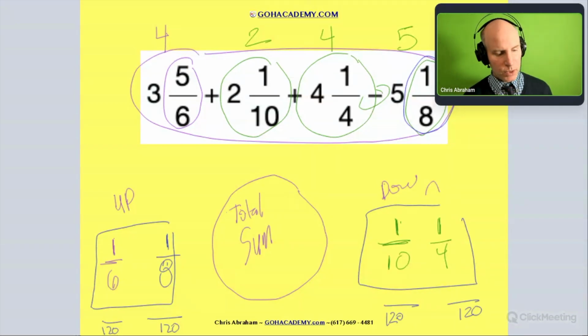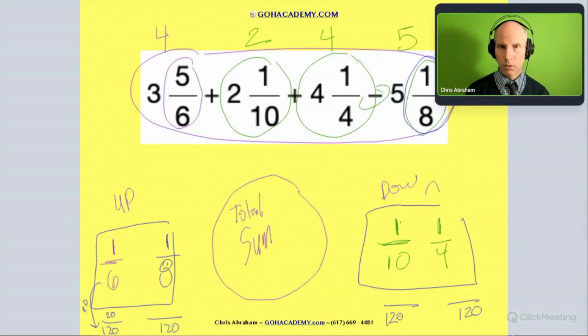So here, I'm using 120 as a common denominator. 6 goes into 120 how many times? 6 goes into 12 2 times, so 6 goes into 120 20 times, right? 6 times 20 gets us 120, so 1 times 20 gives us 20 over 120. So 1/6 and 20/120 are equivalent.